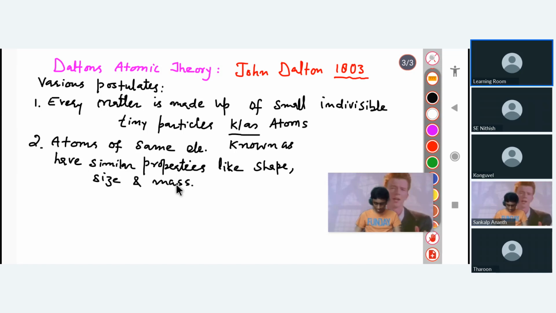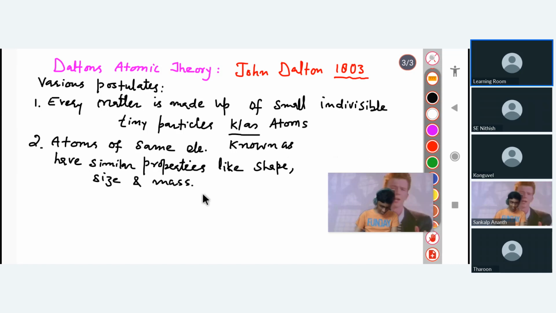If I just move towards the modern atomic theory, how can we properly understand it? First we see what Dalton told, then its limitations, then how it got modified in the modern atomic theory, and what the exact structure of the atom is. We are actually studying the history of the atom.